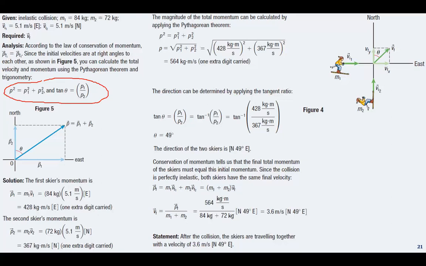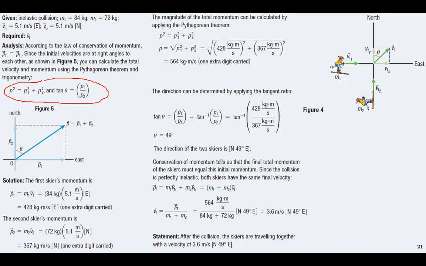The second skier's momentum is P2 equals m2 v2, which is 367 kilogram meter per second. Direction is to the north. The magnitude of the total momentum can be calculated by applying the Pythagorean theorem. P squared equals P1 squared plus P2 squared. This is 564 kilogram meter per second.